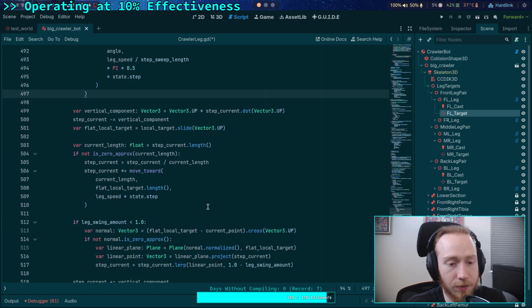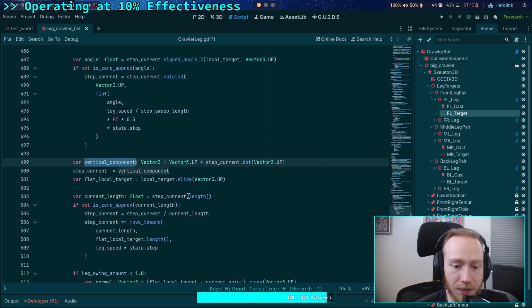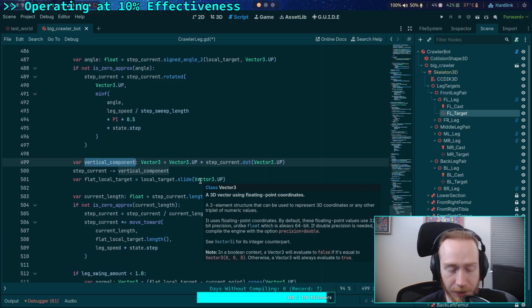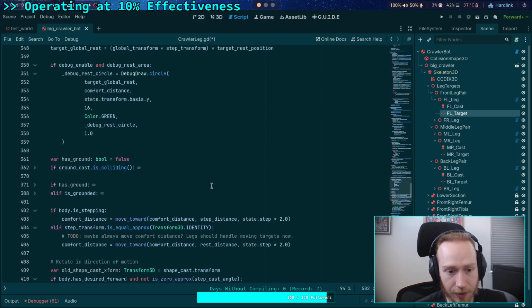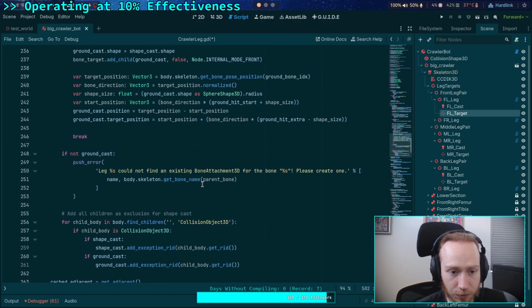Maybe what I do is I interpolate the vertical component as well, separately. So from the side, I'm moving step current down or up towards where it needs to go. I have said that I can still do the delta thing, where I track the angle between the two.